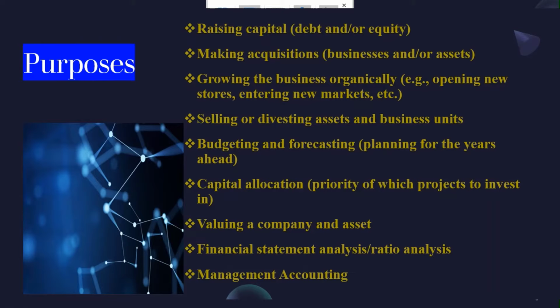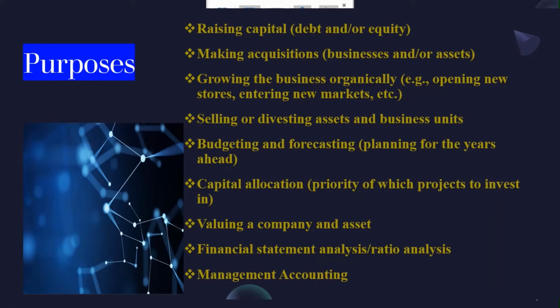Also to make a capital allocation by prioritizing projects. If we have like 3 projects, 4 projects, and we need to prioritize them, we need to go for financial modeling to prioritize the projects based on their feasibility and the future potential of income generation.